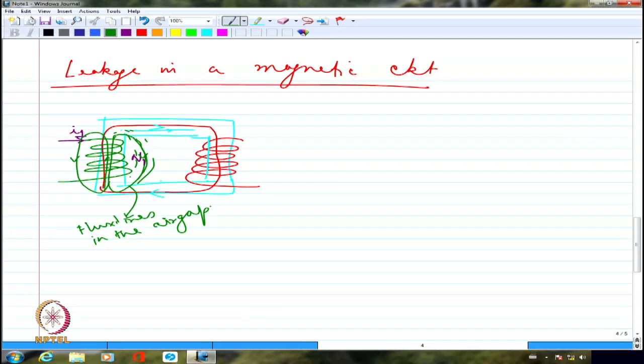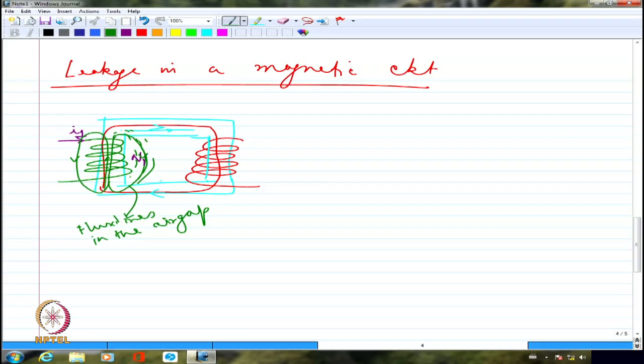Please note that these flux lines are not linking with the secondary winding at all. These are only linking with their own self, the primary only. So it's not going to link with the secondary winding. Essentially, the induced voltage in the secondary winding is because of the linking of flux.